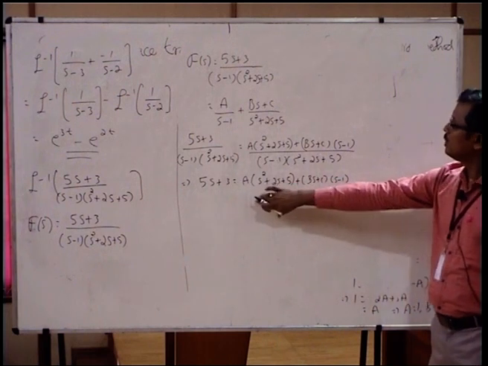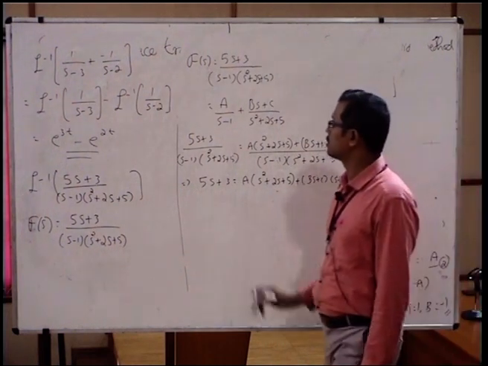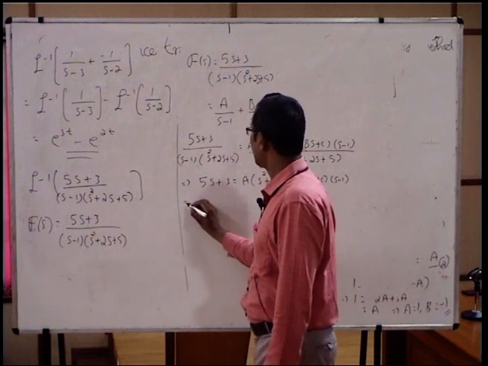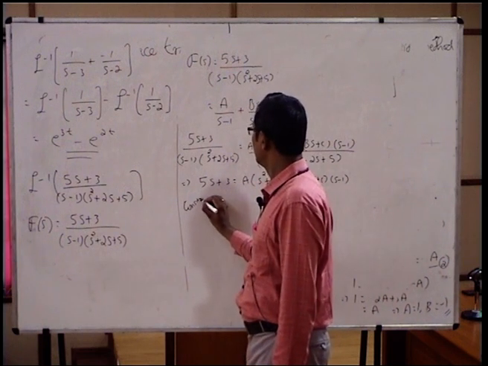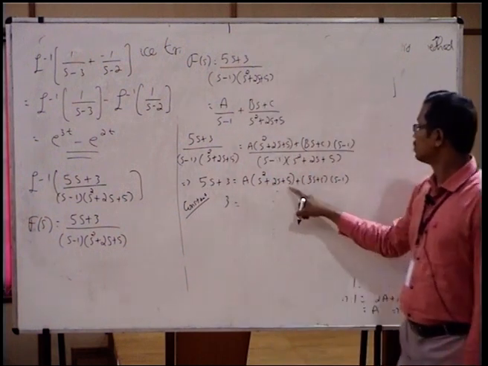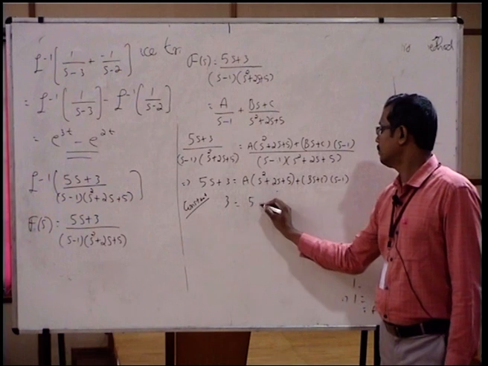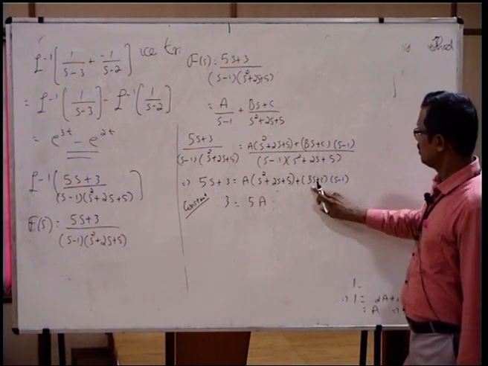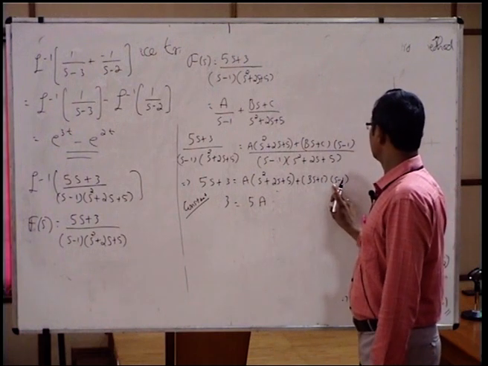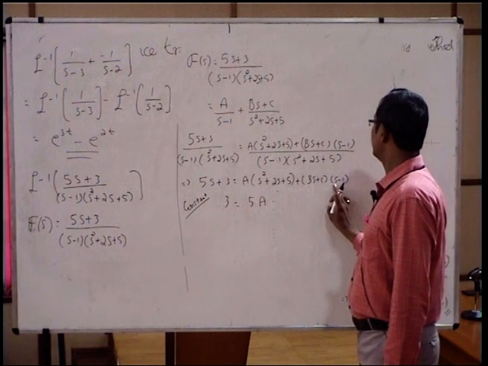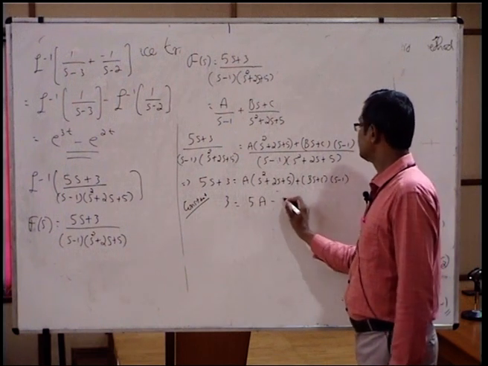Now equate like terms on both sides of this equation. First equate constant terms. Here the constant is 3 on the left, and on the right it is 5a, and from the second term b s minus b, c s so minus c.